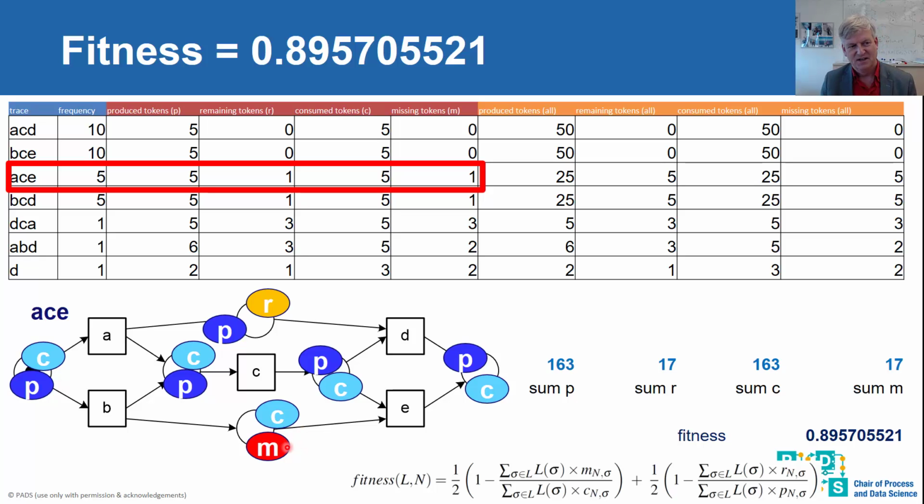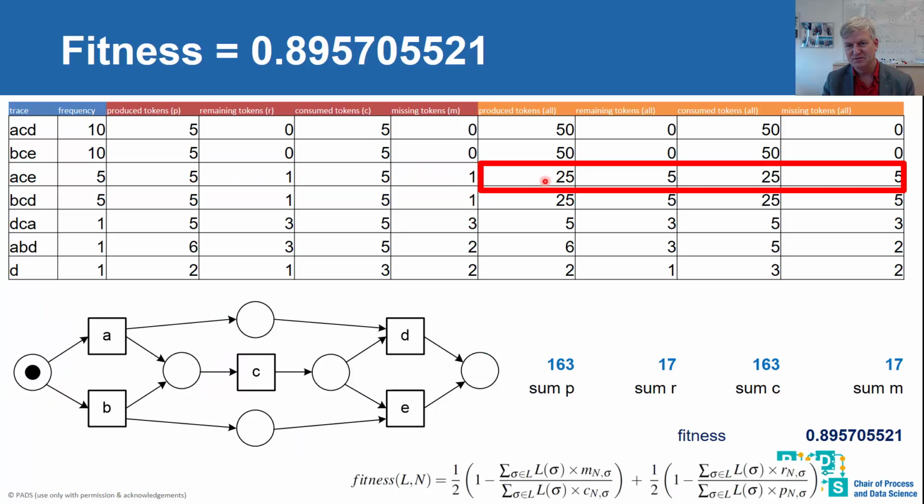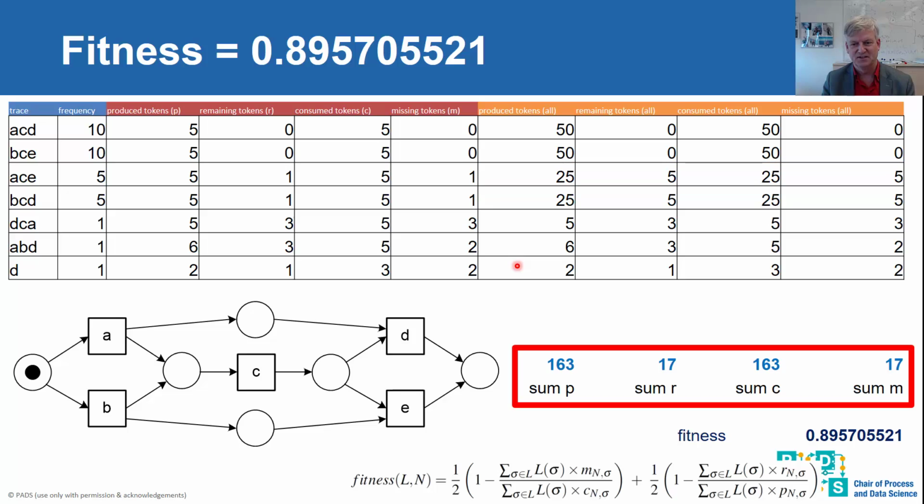And so again, the missing and remaining tokens are showing exactly where the compliance problems are. This trace is happening 5 times. So we multiply the numbers here times 5, and then this is what we get. And we can do that for all traces, and then sum up the things, and then we get the expression.